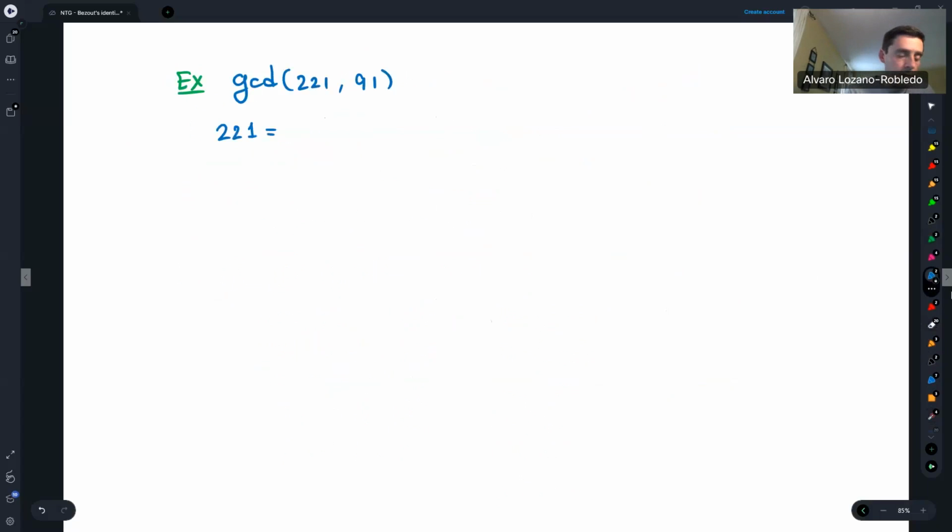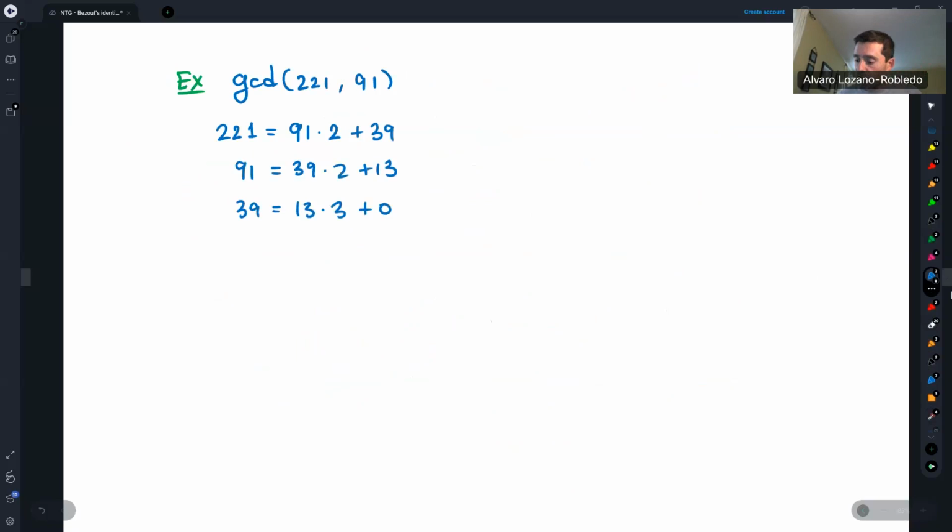I'm going to divide by 91. That's 91 times 2 plus a remainder of 39. Then I take 91 and divide by 39, and I get a remainder of 13. And then divide 39 by 13, and that is an exact division. So the GCD is right here. The GCD is 13 in this case.